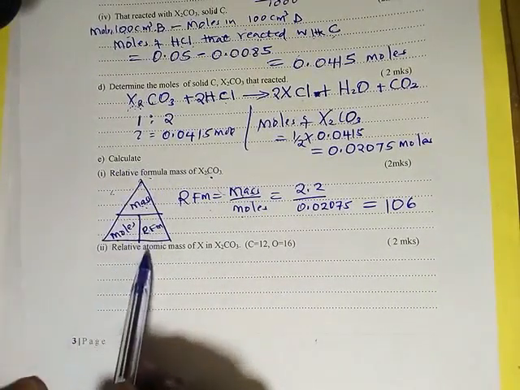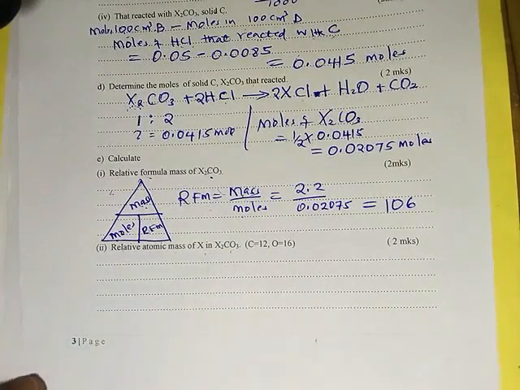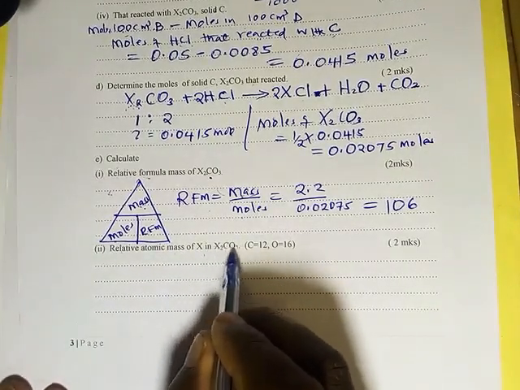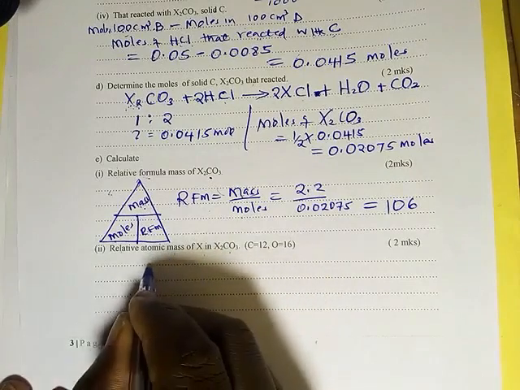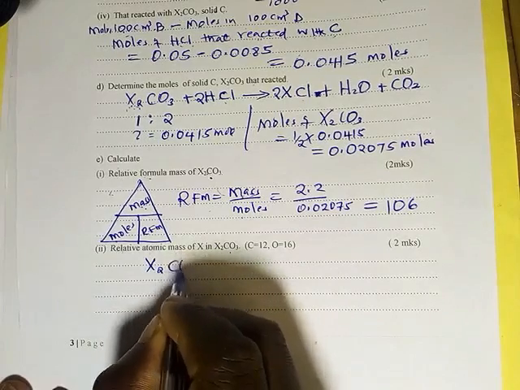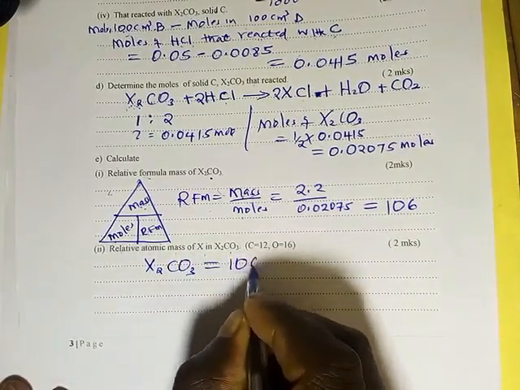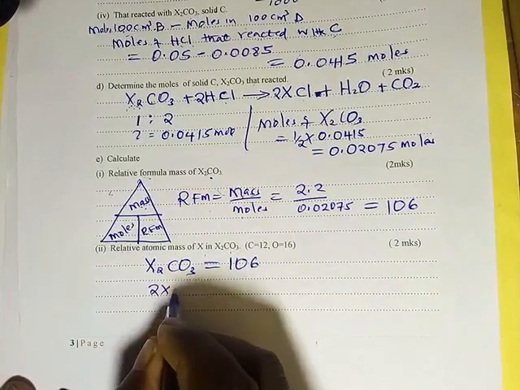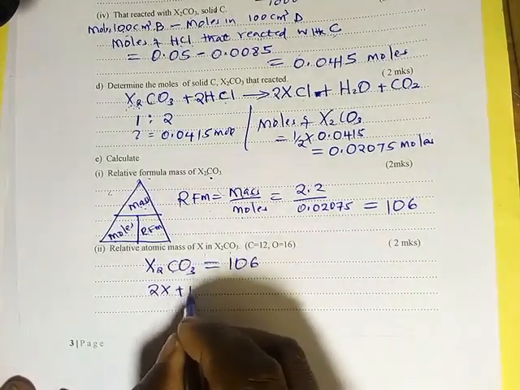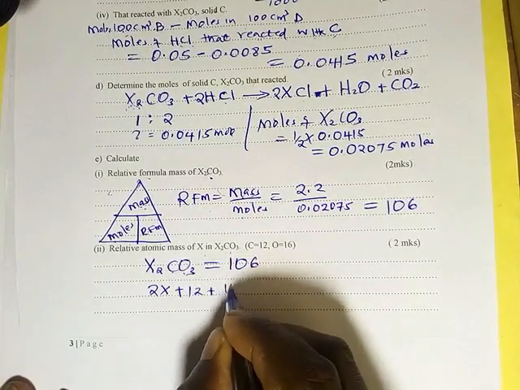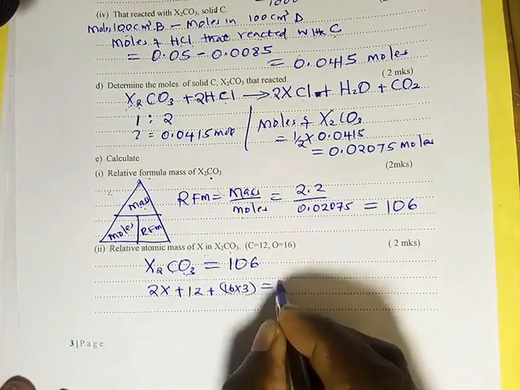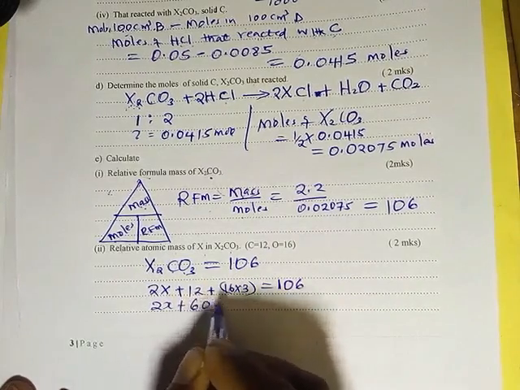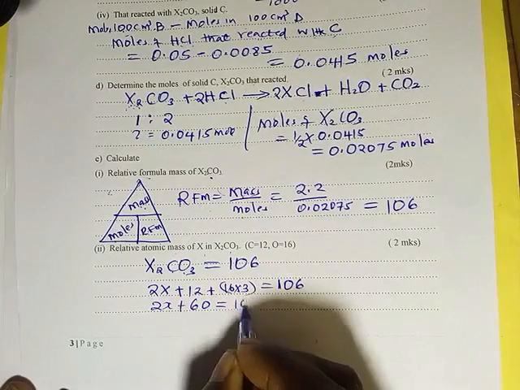Calculate the relative atomic mass of X in the solid C. Since we have the RFM of the carbonate, it means that X2 carbonate is equal to 106. So X, there are 2 of them, so we say 2X plus carbon, which is 12, plus oxygen, that is 16 times 3, will give us 106. 2X plus 60, because this is 48 plus 12, equal to 106.